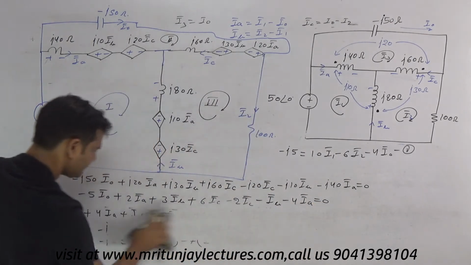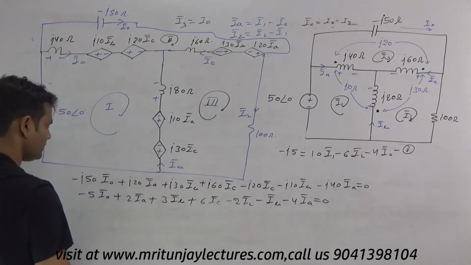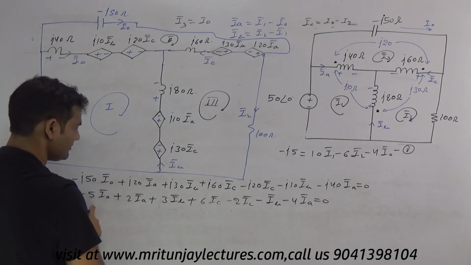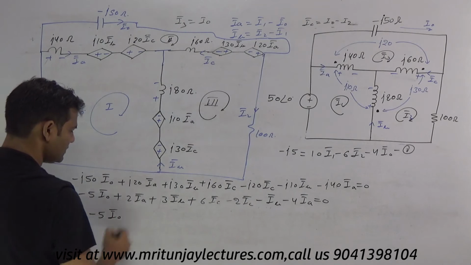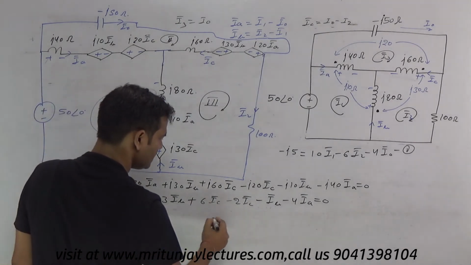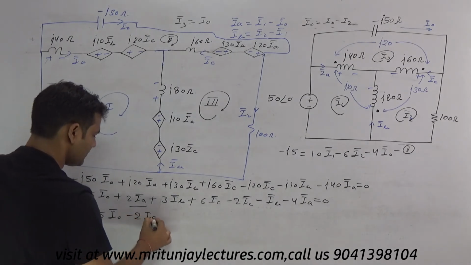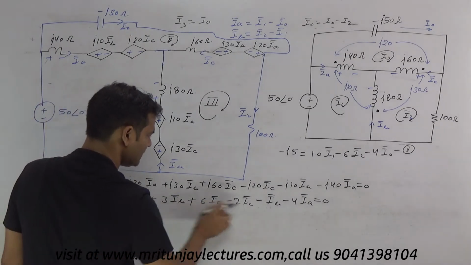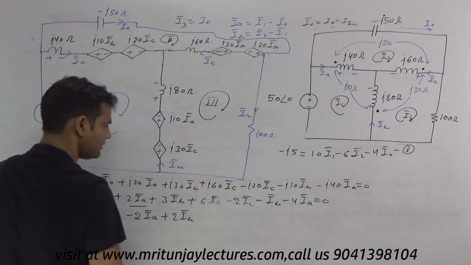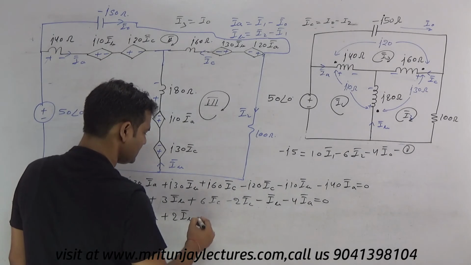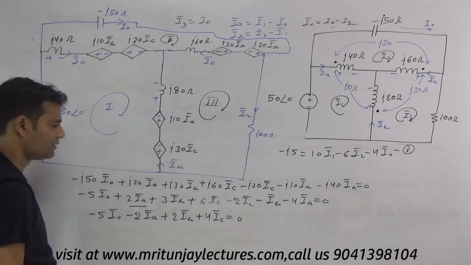Okay. Now this one is minus 5 I naught, minus 2IA, and IB, that is plus 2IB, and IC, that is plus 4IC. This is equal to 0. Clear?